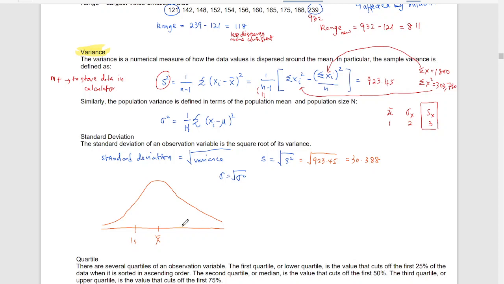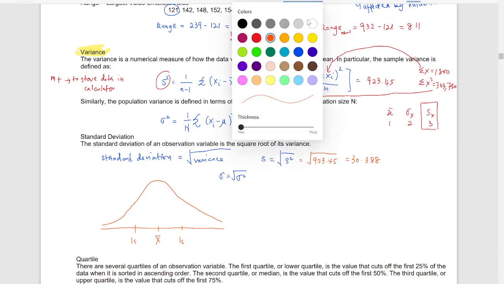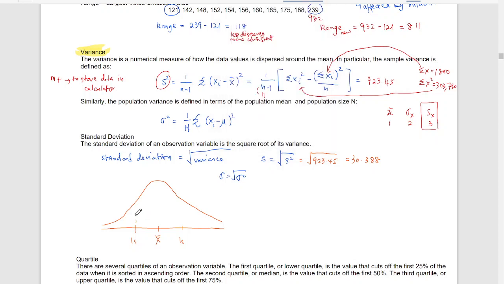Okay, kita boleh gunakan S atau sigma. So yang ni untuk populasi. So this one is related to population. Okay, so whenever we have this kind of situation, let me just draw it a little bit differently here. So suppose that we have this thing.